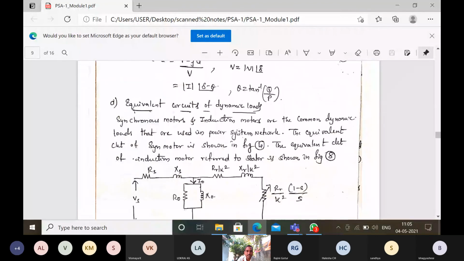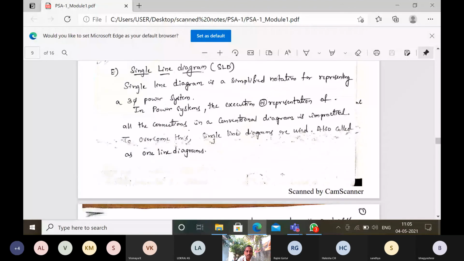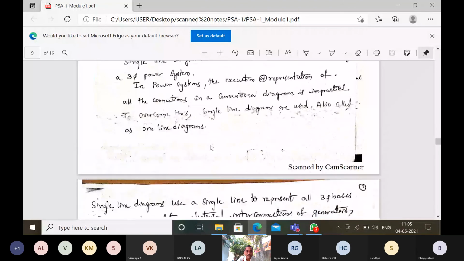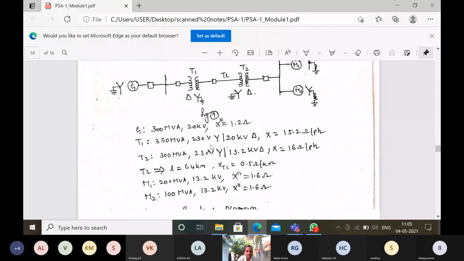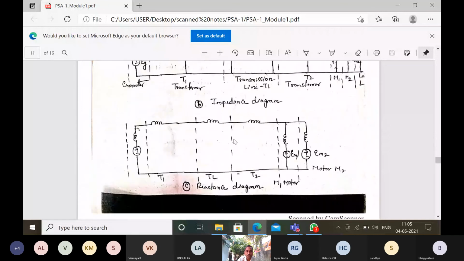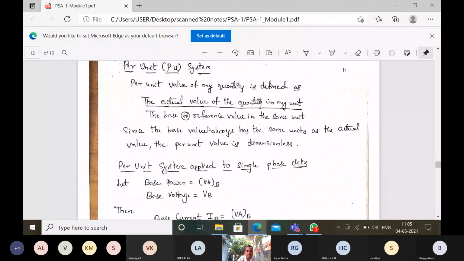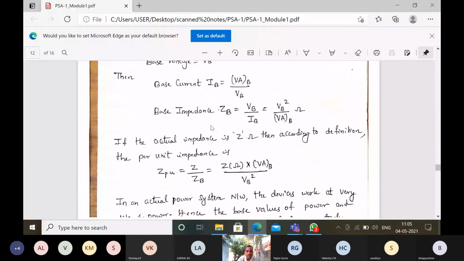So what is single line diagram? How to convert into reactance diagram, procedure, impedance and reactance diagram, per unit system. What is per unit system? Actual value to the base value. And what are the advantages of per unit system?